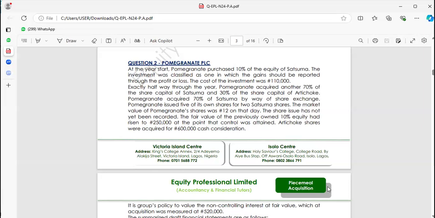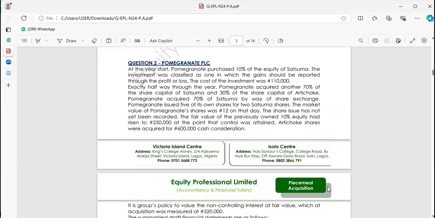Exactly halfway through the year, Pomegranate acquired an additional 70% of the share capital of Satsuma and 30% of the share capital of Artichoke. So, Satsuma is now a subsidiary, moving from a simple investment to a controlled subsidiary.